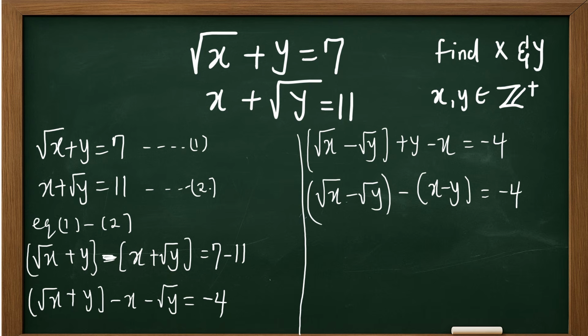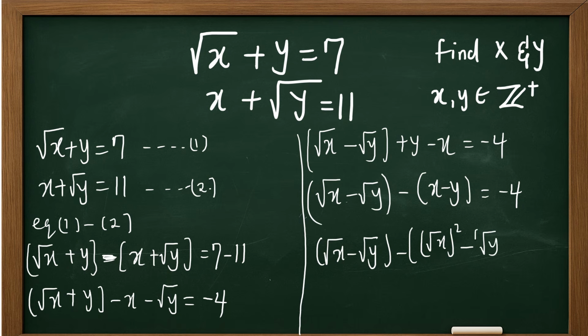So here, we can rewrite this as the square root of x minus the square root of y minus, here we have the square root of x all squared, which is the same thing as x when the square cancels out the square root, minus the square root of y all squared, which equals negative 4.